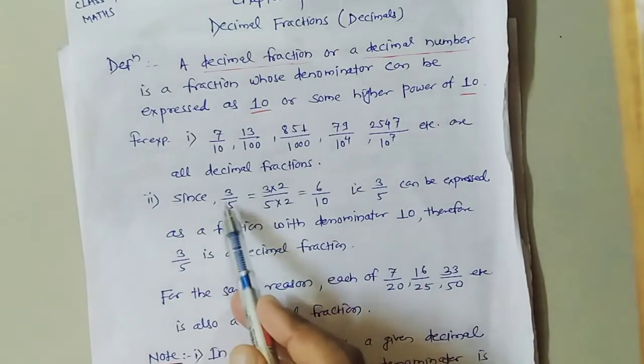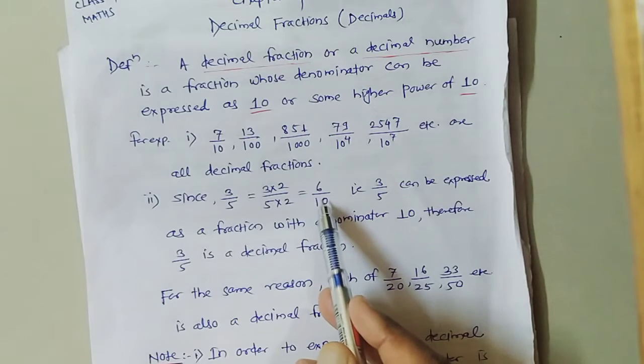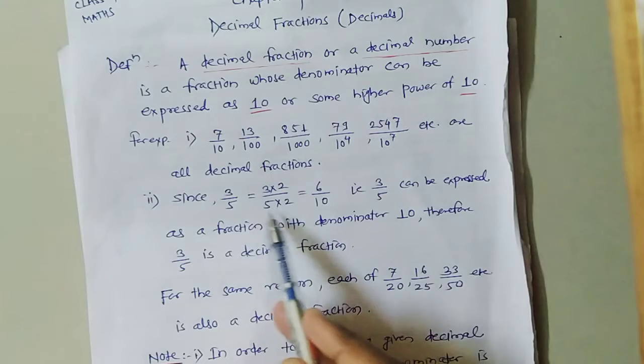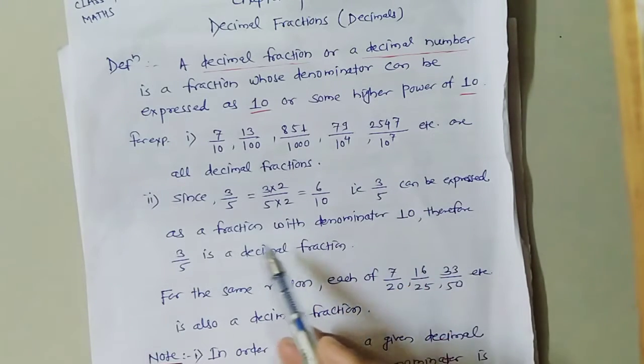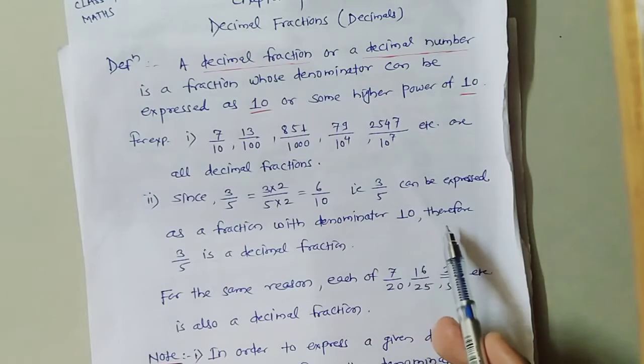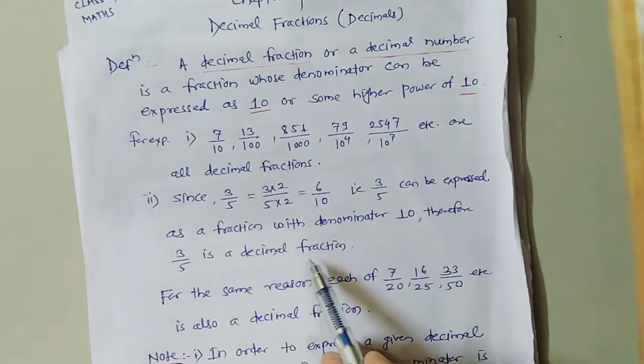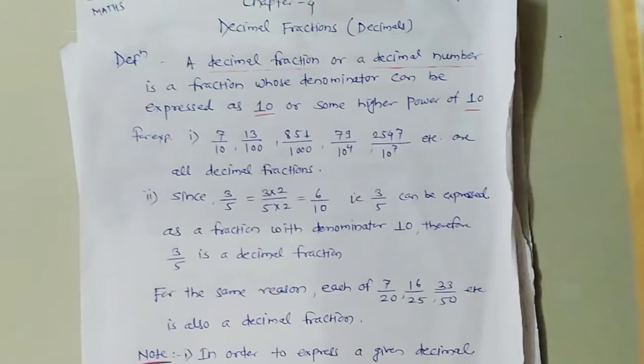So you express this fraction as a decimal fraction, that is, 3 upon 5 can be expressed as a fraction with denominator 10. So therefore 3 by 5 is also a decimal fraction.